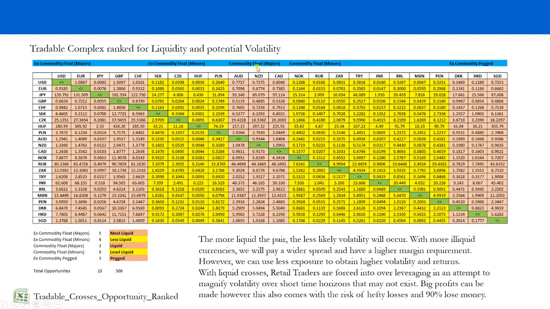We also then split up by commodity float, commodity float majors and commodity float minors. So the commodity float majors, so majors as considered by retail brokers, are floating regimes, and the value of the currency depends very heavily on the prices of one or two international commodities.